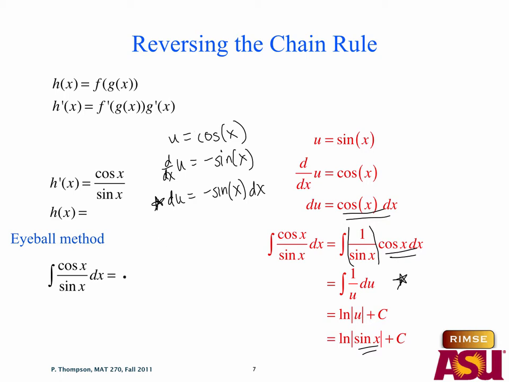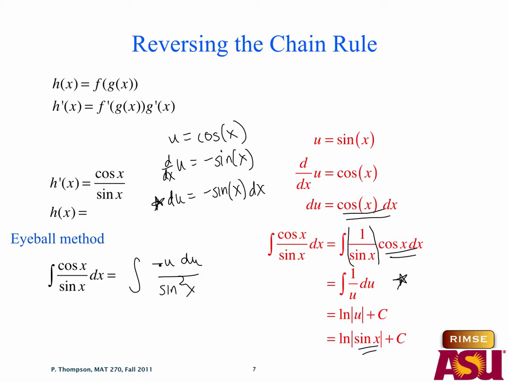I'd have to somehow, like, I'd have the integral of u, and then if I put a du here, then I'd have a negative to account for that negative, because there's no negative here. And then I would need sine x in the denominator, but right now I have a sine x in the numerator. So I'd have to have sine squared x in the denominator, and that's not in terms of u.